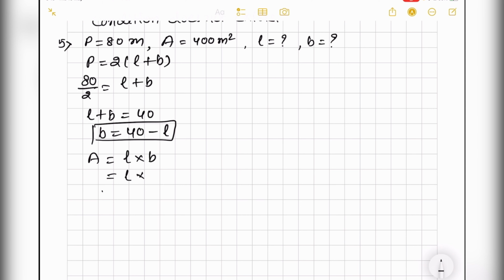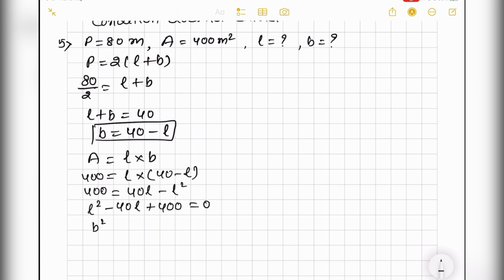Now area is L into B. Length is L and breadth is 40 minus L. So area is 400 given to me. So 400 equal to 40L minus L square. So can I say L square minus 40L plus 400 equal to 0.